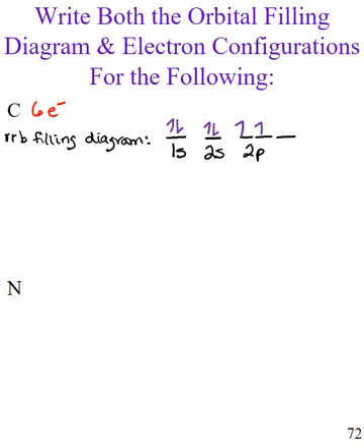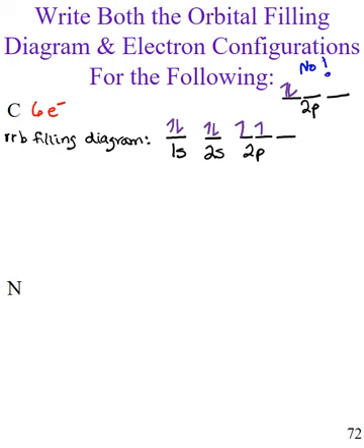Could you have this? No, you can't have this because the electrons want to be in their individual orbitals until they can't anymore and they have to pair up. So this will not happen.